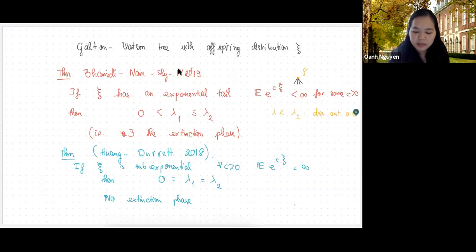Now, if lambda is greater than lambda 1, then the same contact process starting with the root infected will survive forever. Okay, so that's lambda 1.